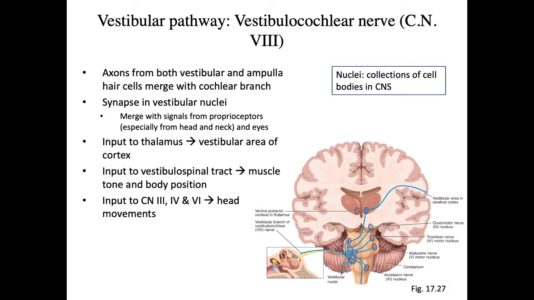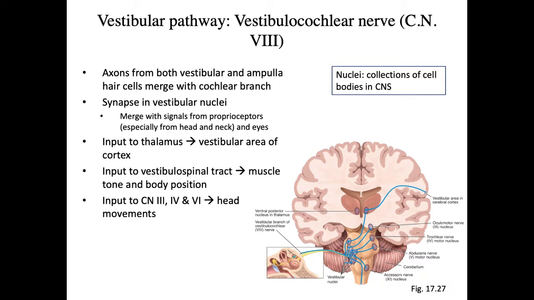The vestibular pathway shows us that axons from both the vestibule and the semicircular ducts merge to form the vestibular branch of cranial nerve number 8. The information heads to the pons and the medulla, where integration with other signals occurs in the vestibular nuclei.